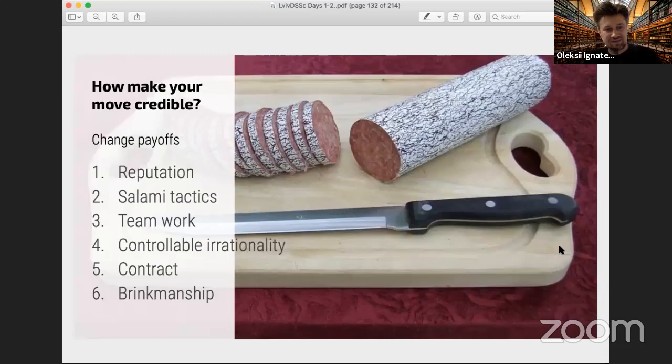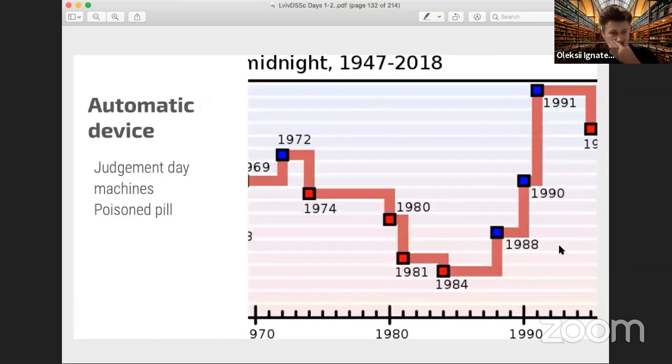So it's called salami tactics. Salami tactics is slice by slice, where if you don't have credibility, you can be squeezed one slice at a time. You have one small step, and this step is small enough not to provoke serious reactions. So you just swallow it, and then another small step, another small step, another small step, and then suddenly you just lose.